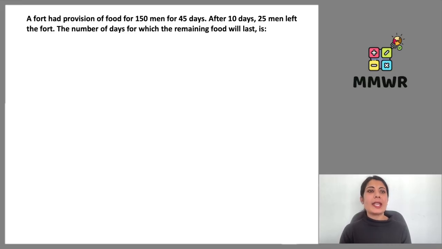So the first example: a fort had provision, that means they have that much storage of food with them to provide to 150 men for 45 days. मतलब उनके पास में इतना grain है which can last for 45 days if 150 people are there. अगर number of people will increase, so in that case of course the food will get over before 45 days. अगर कुछ लोग छोड़कर चले जाते हैं, like here in the case after 10 days, उन्होंने 10 days तक consume किया food and then suddenly 25 men left the group. वो दूसरे ग्रुप में चले गए या वहां से चले गए, whatever is the reason.